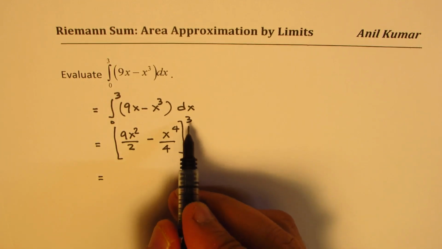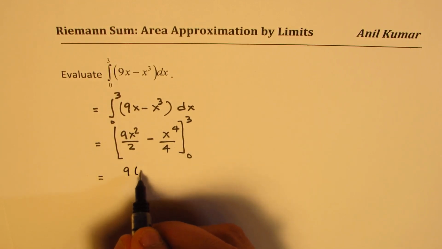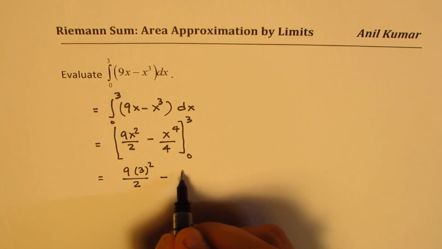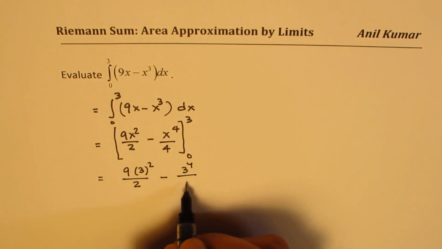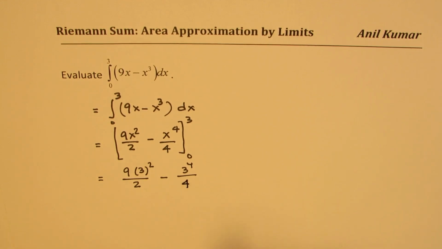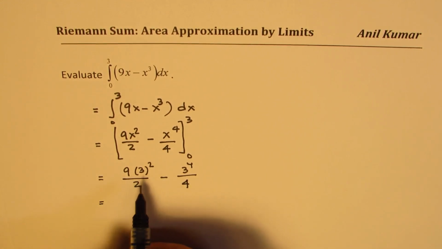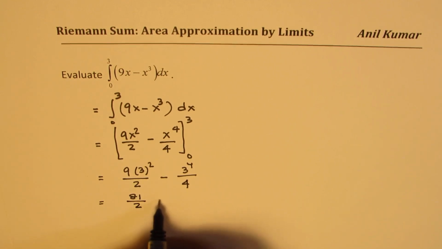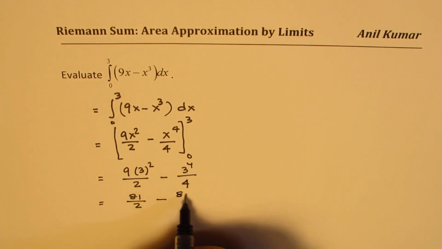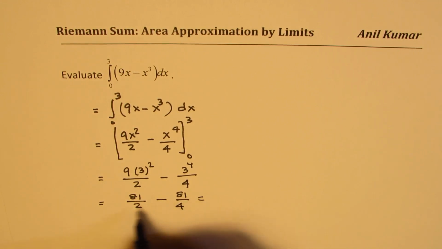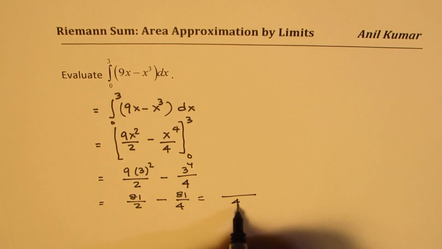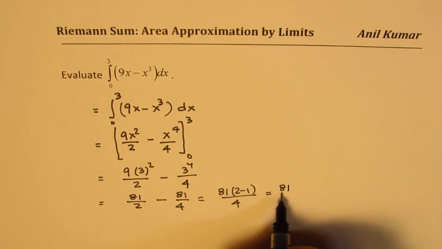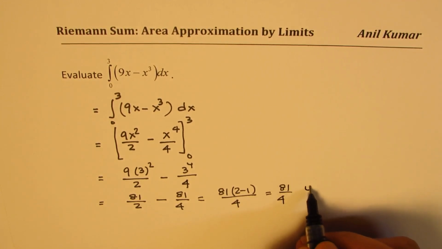If I write 3 here, I get 9 times 3 square over 2 minus 3 to the power of 4 over 4. And that gives you 9 times 9 is 81 over 2 minus 81 over 4. We get exactly the same result, right? We can take 4 common. So 81 times 2 minus 1, which is 81 over 4 unit square.